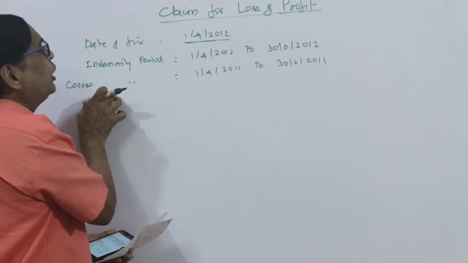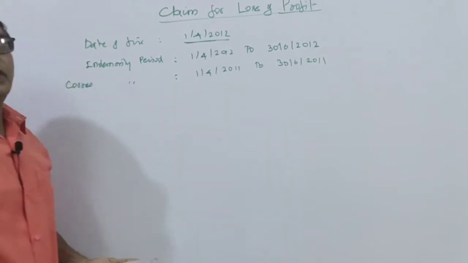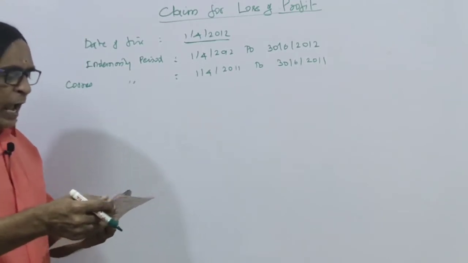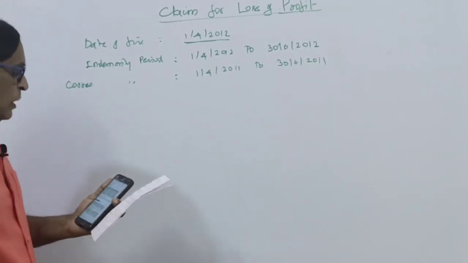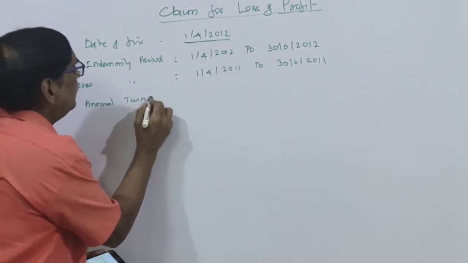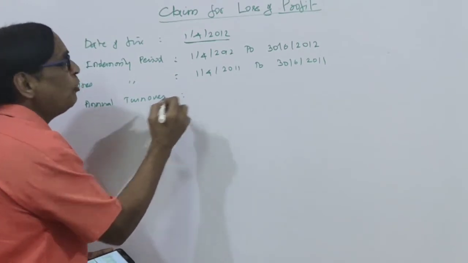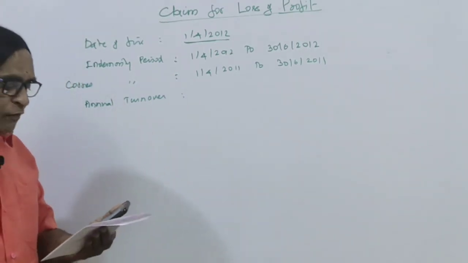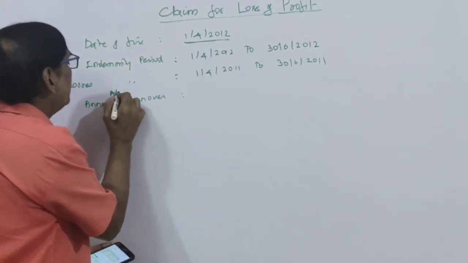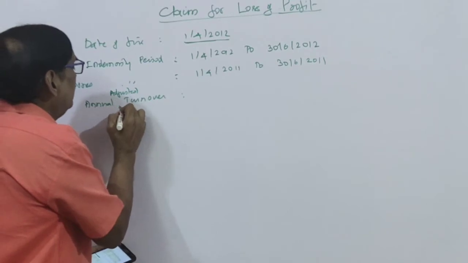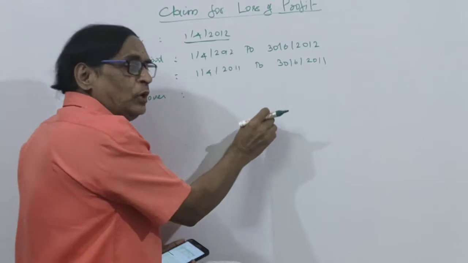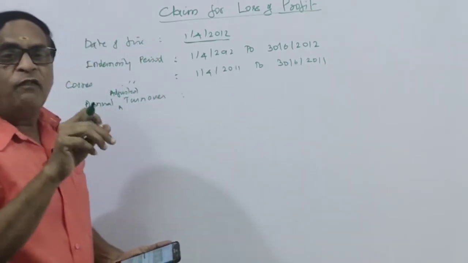We have to take into account the sales pertaining to the previous year's corresponding indemnity period, and then the annual adjusted turnover. These are the main important points we have to look into. We should be very careful. Annual adjusted turnover means a period of 12 months ending on a particular date before the day of fire.